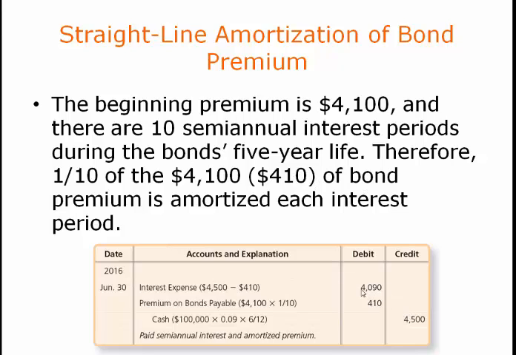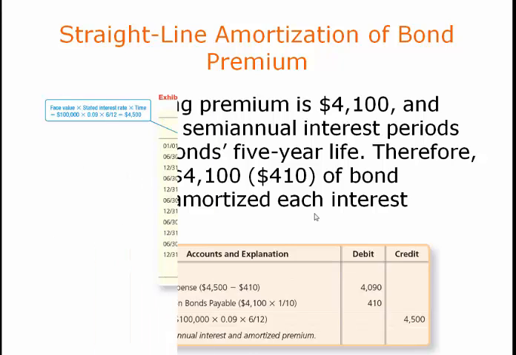And then we're going to use that to reduce our interest expense, where they paid out $4,500. In fact, the interest expense is only $4,090, and the $410 is really an offset to your interest expense, because remember, you're trying to equalize the 8% that the market is versus the 9% that Smart Touch has.